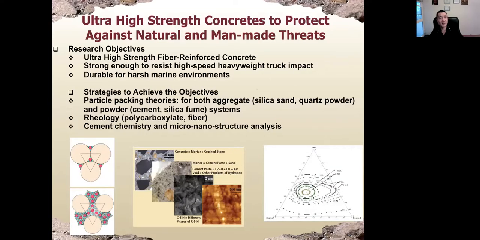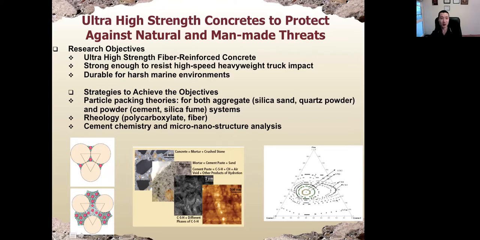All right, so next, let's look at a couple of examples of high performance concrete. This is an example of so-called ultra high strength concrete. Not only does it have higher strength, but it is also very durable. This is a project I participated in in the San Francisco Bay Area before I joined UH in 2011.